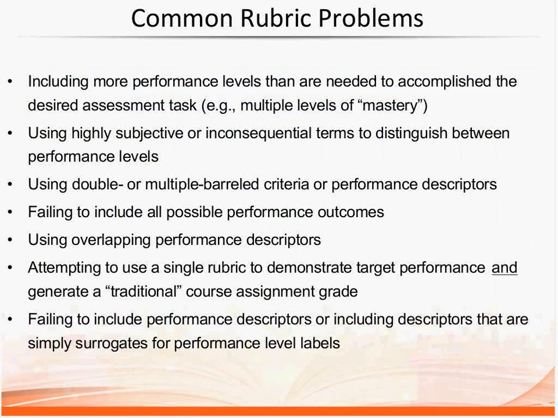Some common rubric problems that I've encountered in the field are listed on this slide. Perhaps the most common is including one or more levels of performance that exceed the target outcome. In other words, multiple levels of mastery. This is a very common practice. And what I found is that it often leads to the use of highly subjective descriptors to distinguish between these levels, or the use of inconsequential terms to differentiate between these levels.